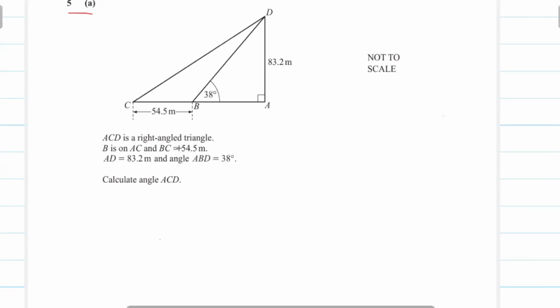5A, ACD is a right angle triangle, B is on AC, BC is 54.5 meters, AD is 83.2 meters, angle ABD is 38 degrees. Calculate angle ACD. You see here this is the right angle triangle ACD. We write here in triangle ACD, we can find this angle ACD by using the trigonometric ratio.